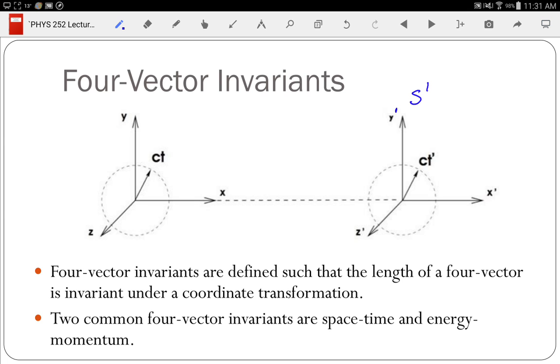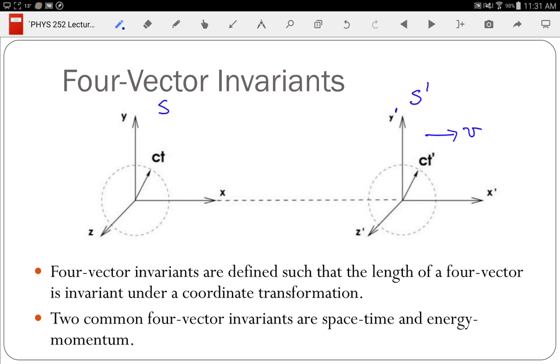So we have two reference frames, and reference frame S prime is traveling at speed v relative to S. Now I'm not going to write that S prime relative to S, but we need to understand that's what the v is. The v is the speed of the S prime frame with respect to the S frame, the unprimed frame.